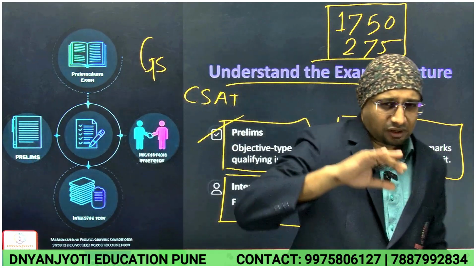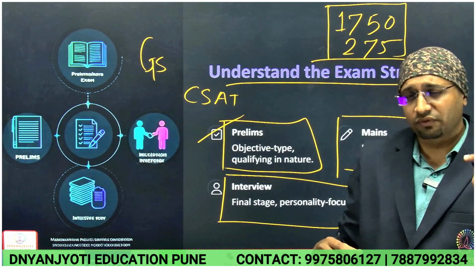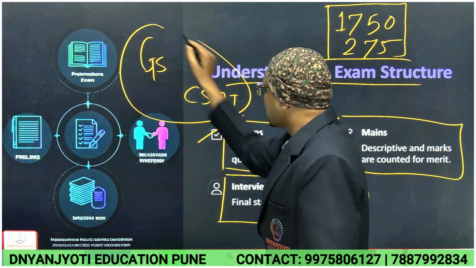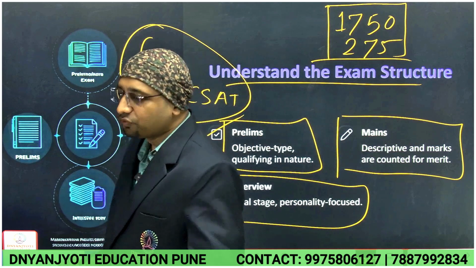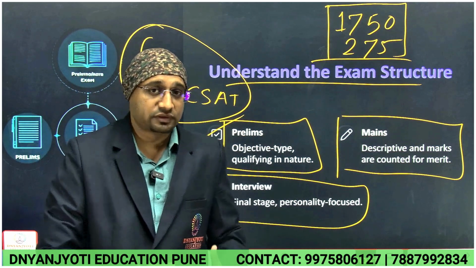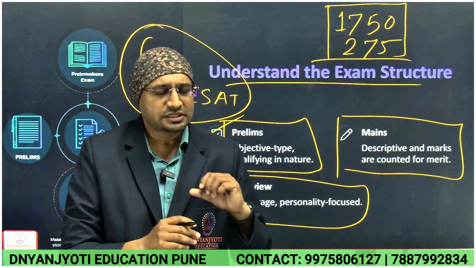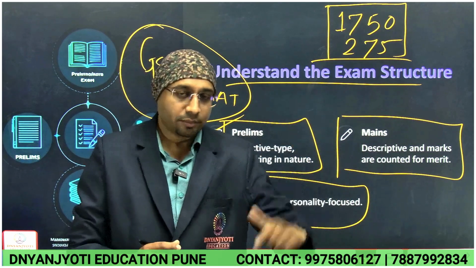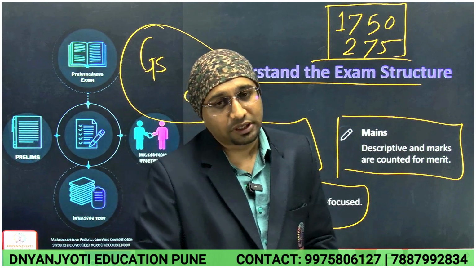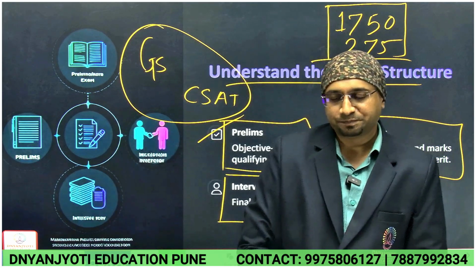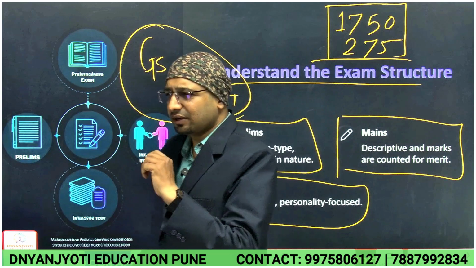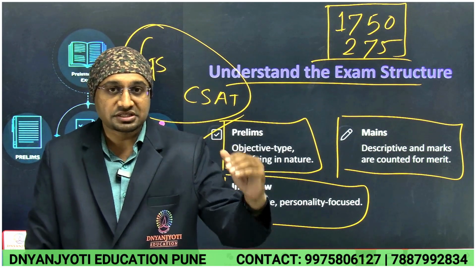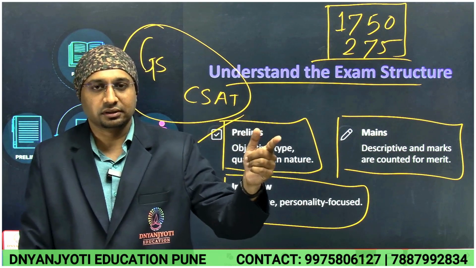Overall, when you check the examination pattern, you will find that both papers will be for qualifying for the mains. It's an entrance point for the mains. If you qualify the preliminary examination, then and only then will you be qualified for mains. So this is the crucial question: on which particular stage do we need to concentrate? We'll check that.